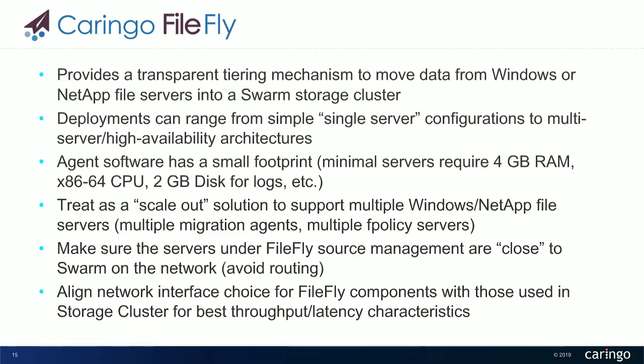So the closer it is to Swarm, the faster that operation is, and the more transparent that operation is to the end user. So that's why we make that recommendation there. And that steps right in with aligning the network interface choice again for FileFly, as you would with Gateway or Swarm NFS, to be basically the same as the network choice that was made for the storage cluster. Again, you want to have the best possible throughput and latency characteristics that you can get in this type of scenario.